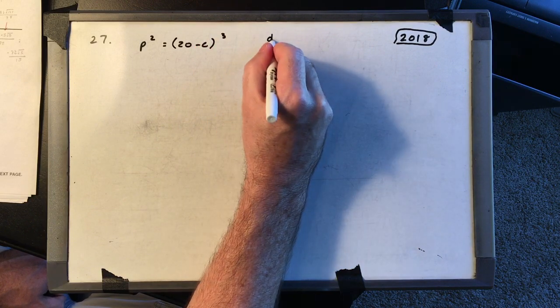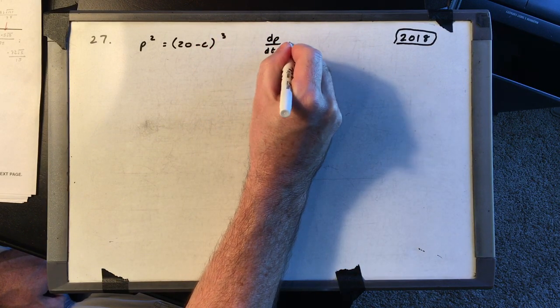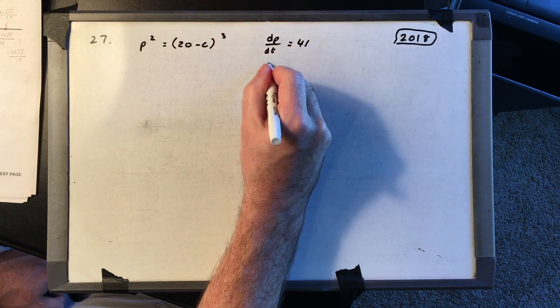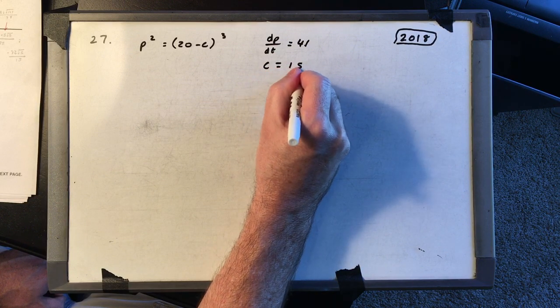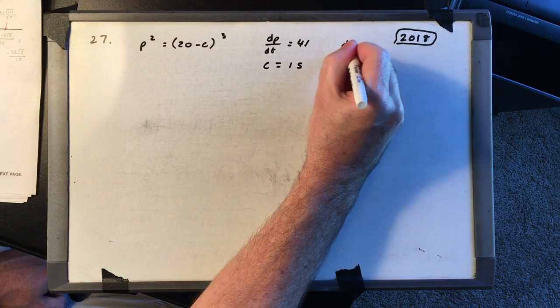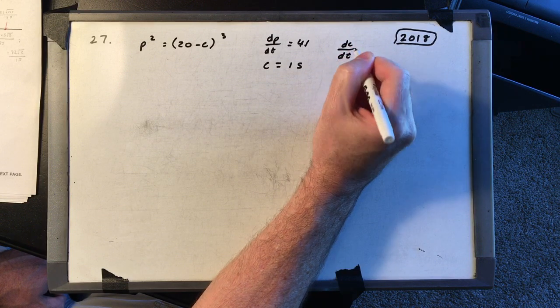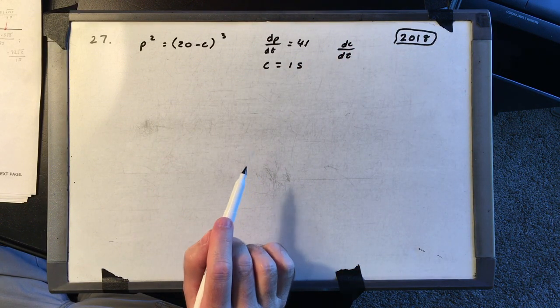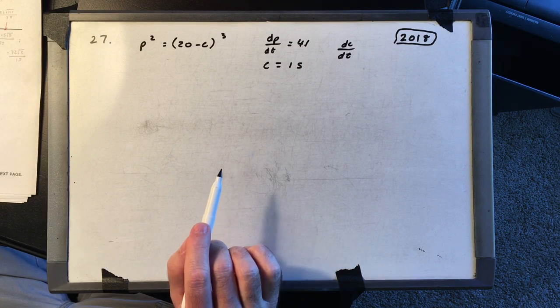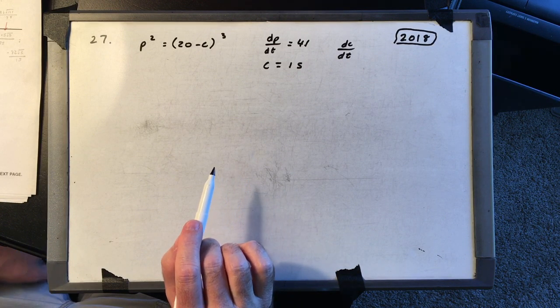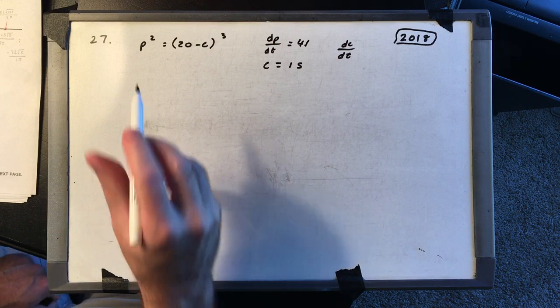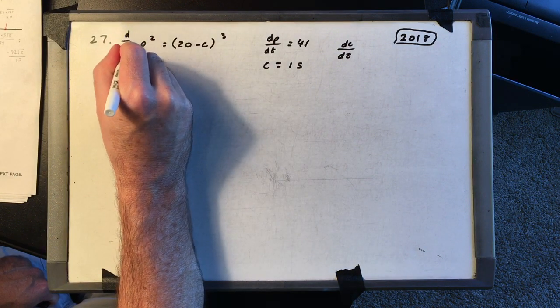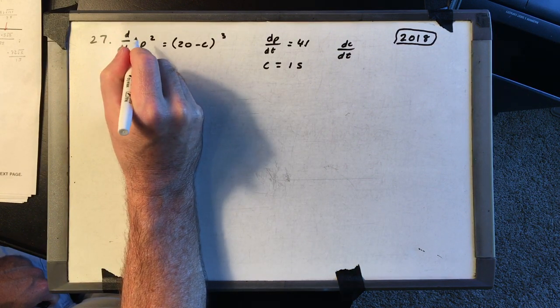We know that dP dt is equal to 41 when C is equal to 15. What is dC dt? I can tell you now, this is one that you do have the skills to do, but it would be one worth skipping and coming back to. You're not going to know that till you start trying, but you've got to take the derivative with respect to t.